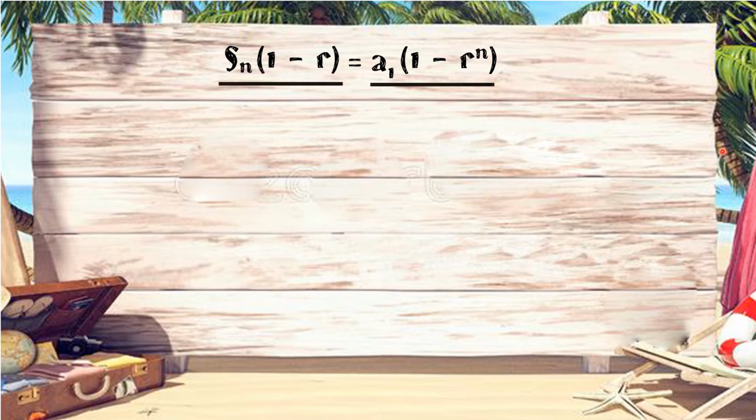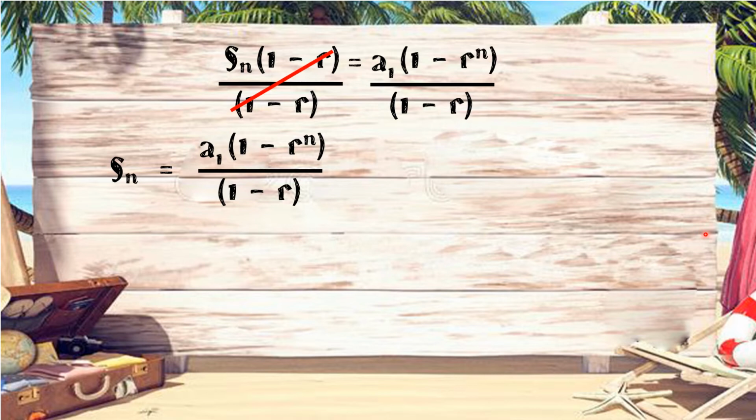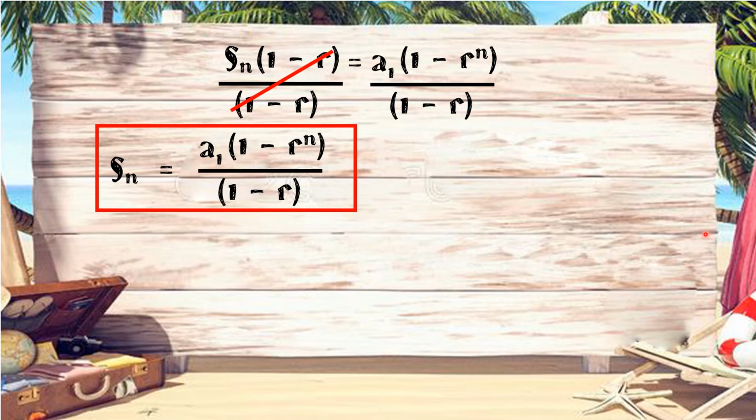Right. We have to divide both sides by 1 minus r. So, cancel na yon. Ang natira na lang, s sub n is equal to, ito, yung kabuuan nito, which is a sub 1 times quantity 1 minus r raised to n all over 1 minus r. Ayan. Ito na ngayon ang ating formula sa pagkuha ng geometric series.